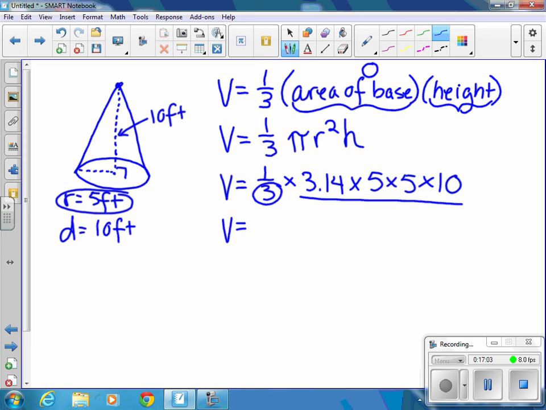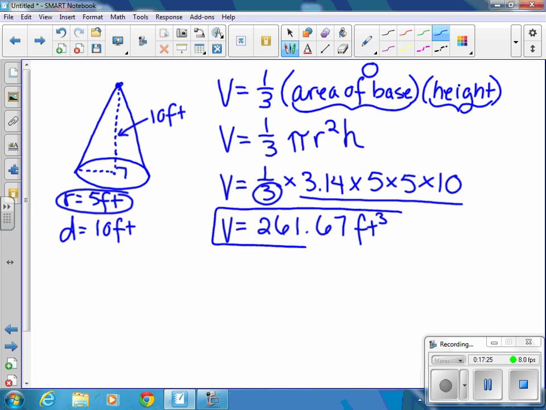So when I type that on my calculator and I do all the multiplication, and then I do division by 3, I get 261.66666. It repeats. But remember, we always think about money, so it's always 2 numbers after the decimal, and it has to round up because 666 rounds up to 67, and this is feet cubed.